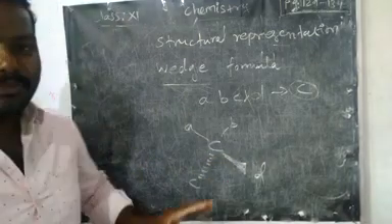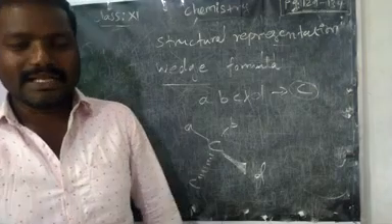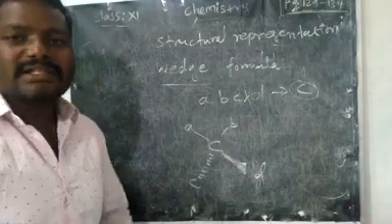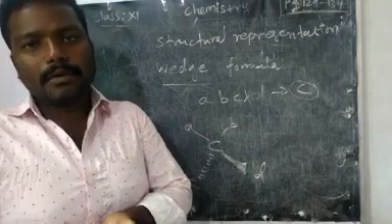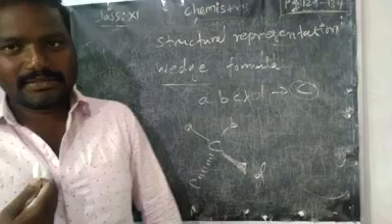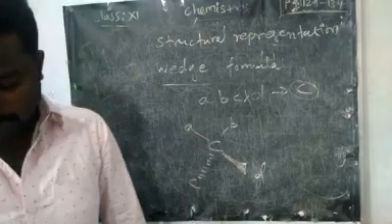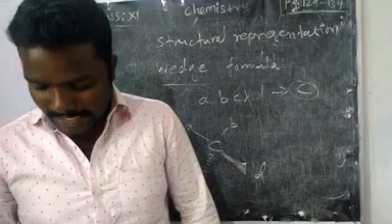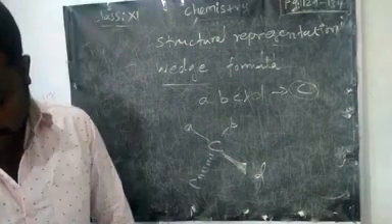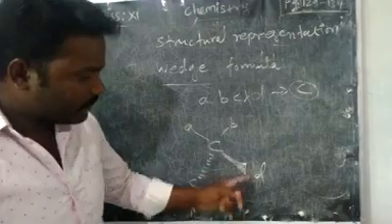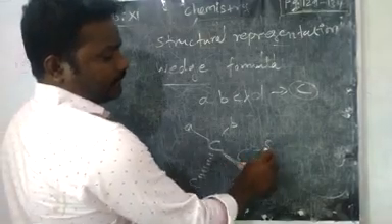From this, what you are able to understand is that these bonds are placed in the plane. Then this bond is towards us, that means it is above the plane. This dotted line indicates below the plane. Very important. This is called the solid wedge.